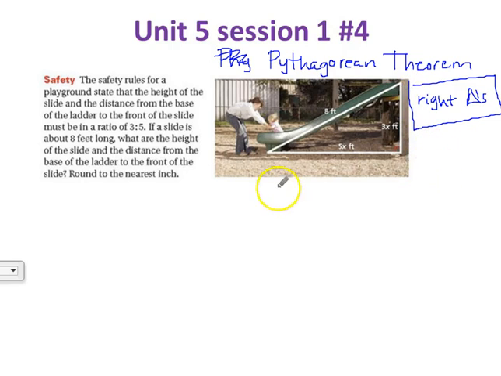The formula that we use is a squared plus b squared equals c squared. And remember, the c squared is always going to be your longest side, the hypotenuse, or whatever is alone on one side of the equation. So this problem says the safety rules for a playground state the height of the slide and the distance from the base of the ladder to the front of the slide.